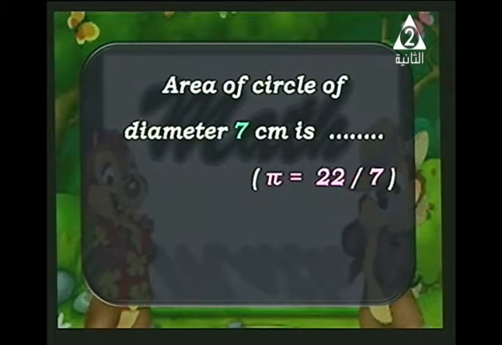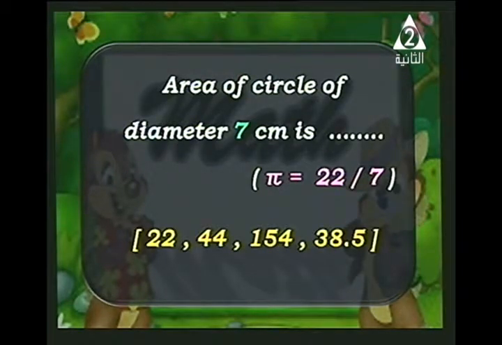Another example, area of circle of diameter 7 centimeters is what? Where pi equals 22 over 7. Is it 22, 44, 154, or 38.5? At the very beginning, you know that area of circle equals pi r squared.